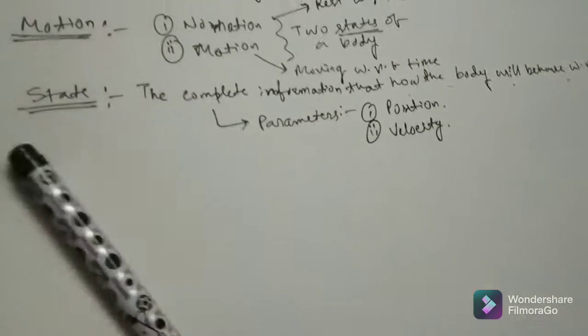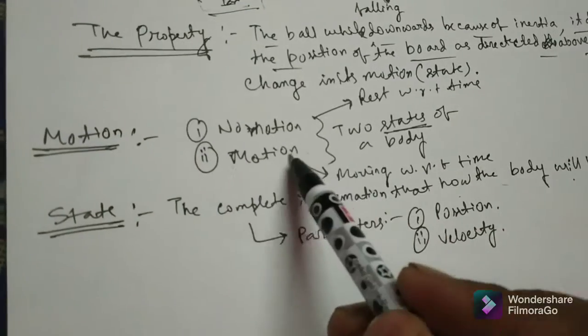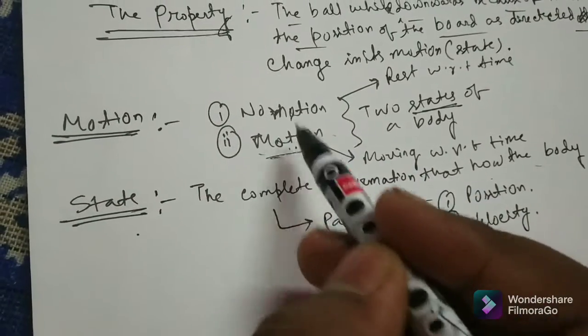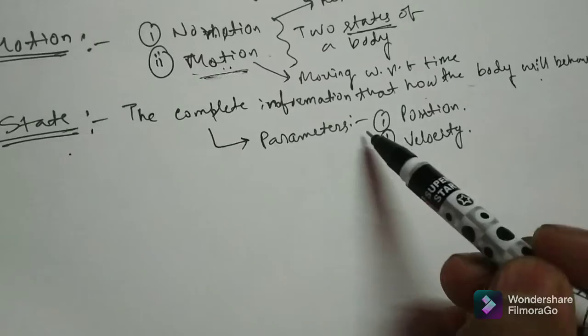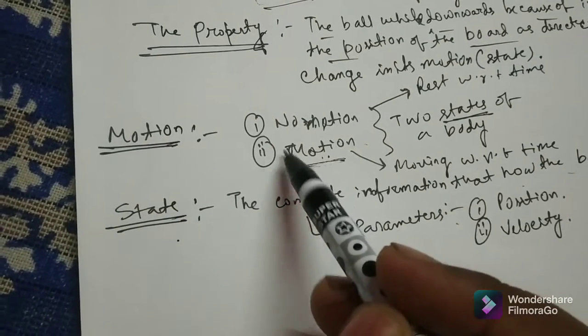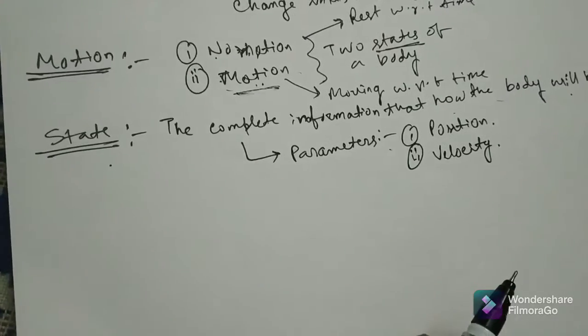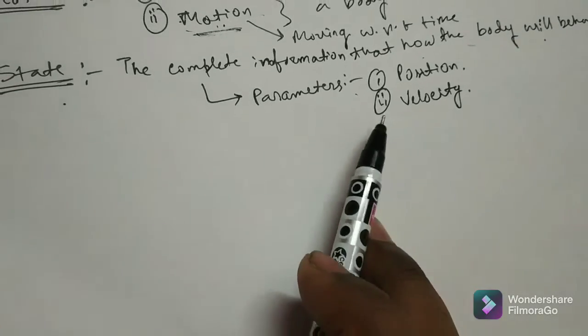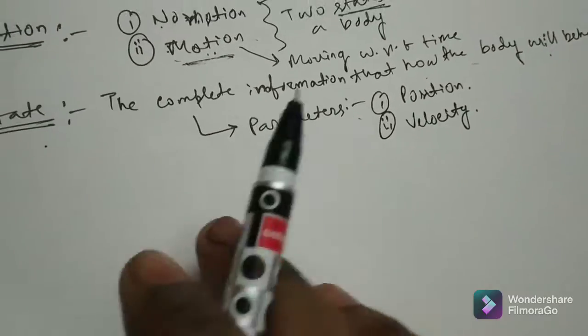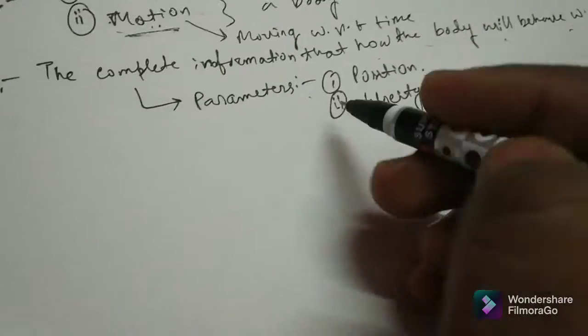Its behavior is in motion. States are of two types, motion or no motion. So based on this velocity parameter, we can say whether it is in motion or no motion. This is a fundamental parameter that can describe the state of the system.